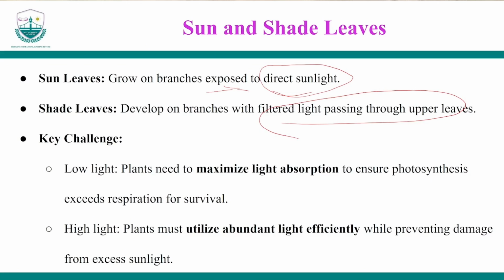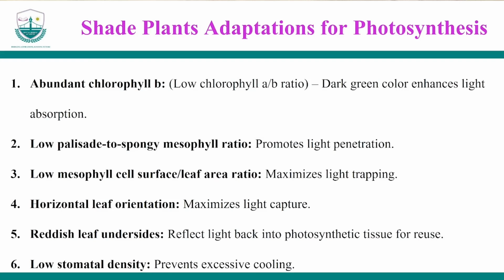Like we said, the carotenoids are very important in protecting chlorophyll from damage by excessive light. That means that exposure to excess light is also dangerous. So those that are directly exposed to the sun have their own challenge, and those under the shade also have their own challenges.